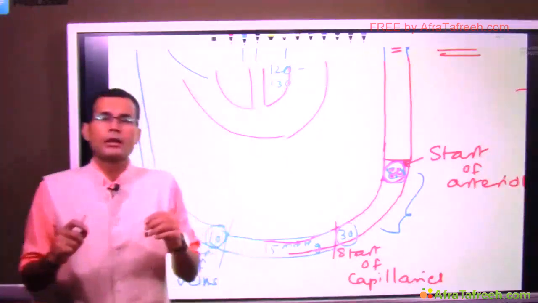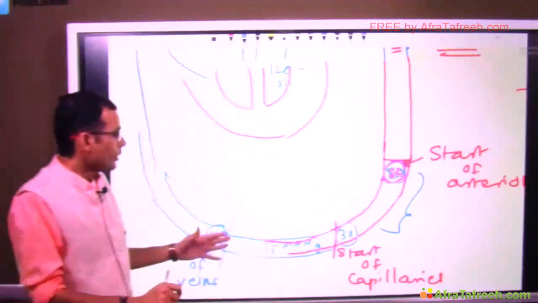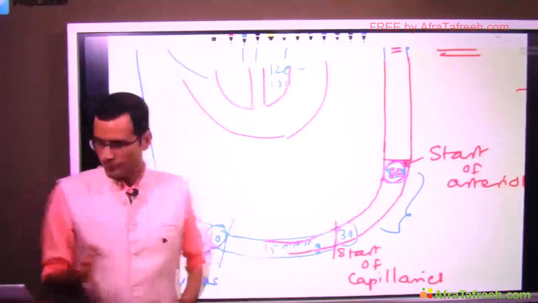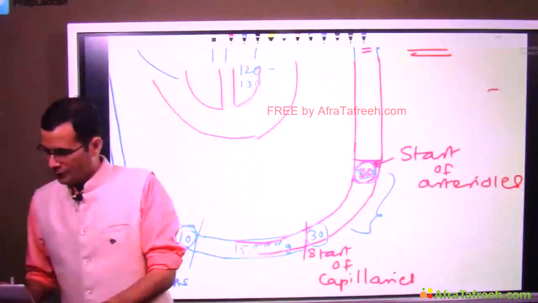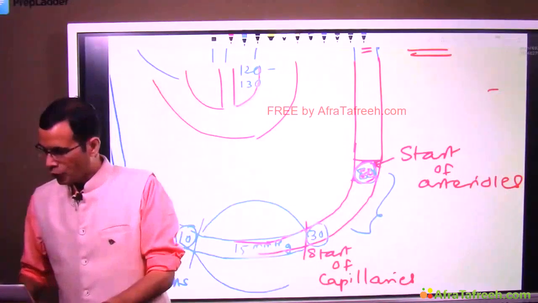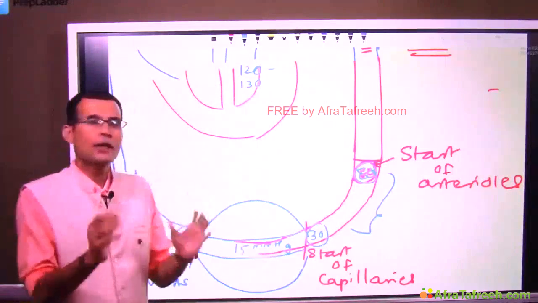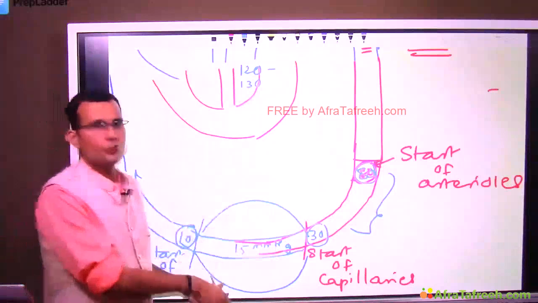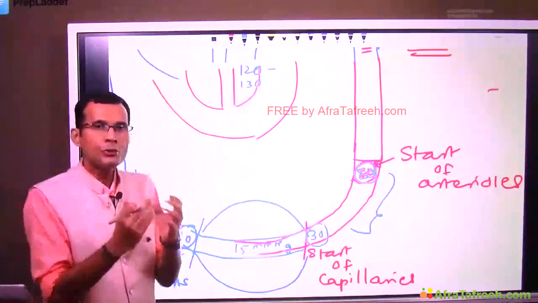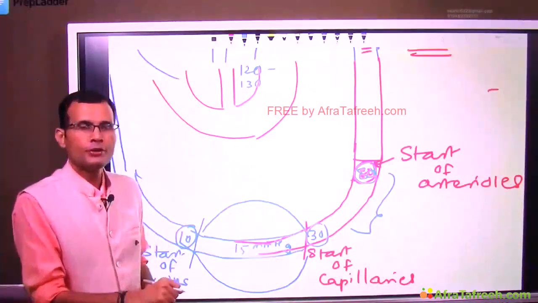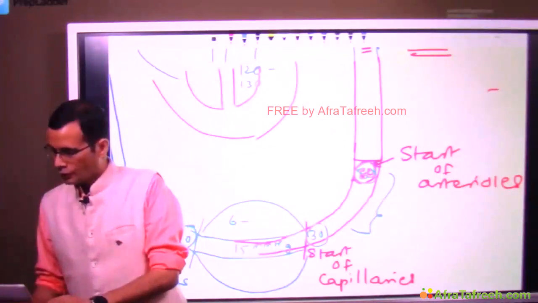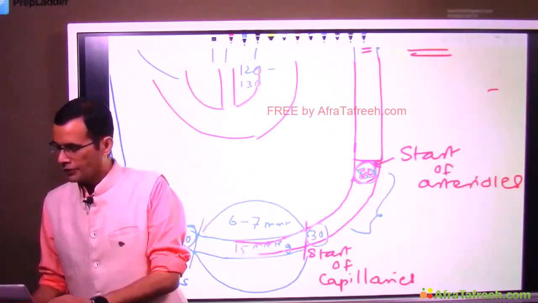Right. The next point is, why do we need this 15 mm of Hg? Because there is something called tissue pressure. Capillaries are in the tissues and the tissue has a certain amount of pressure. The tissue pressure is about 6 to 7 mm of Hg.